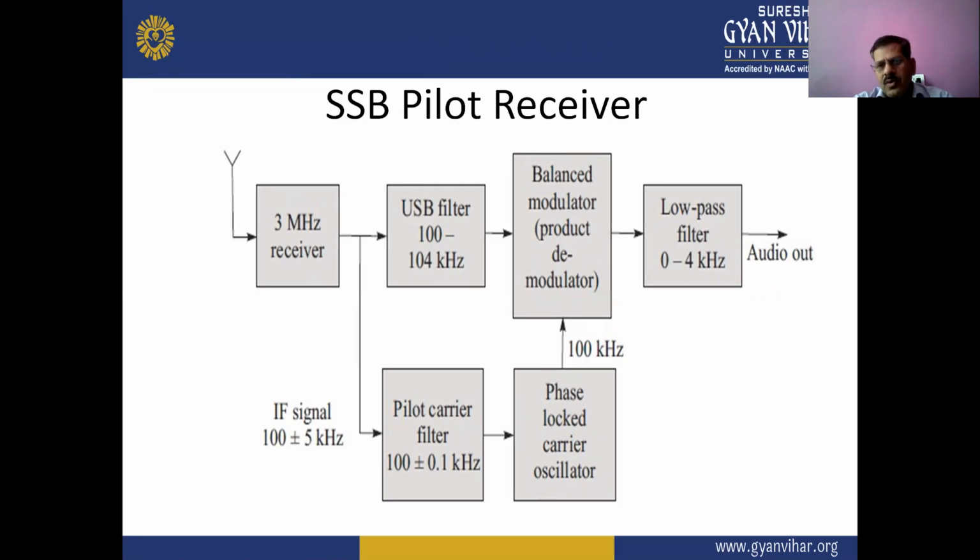The output of the low pass filter is the audio output signal. So this is the SSB pilot receiver. The signal is received at the low pass filter output in audio form.